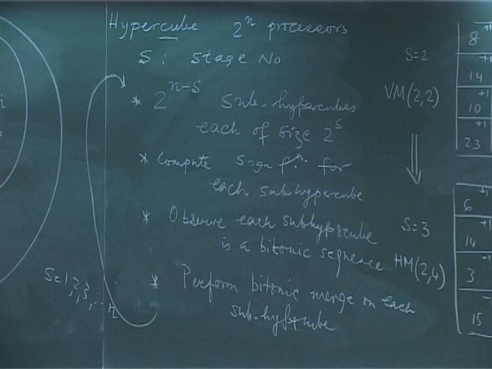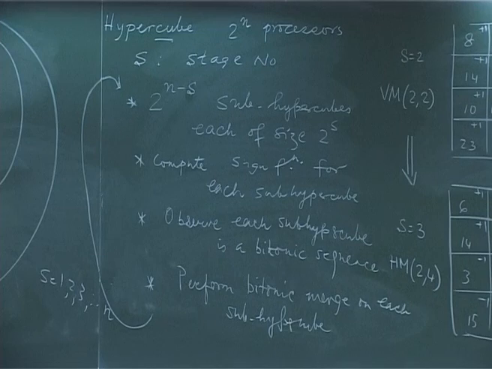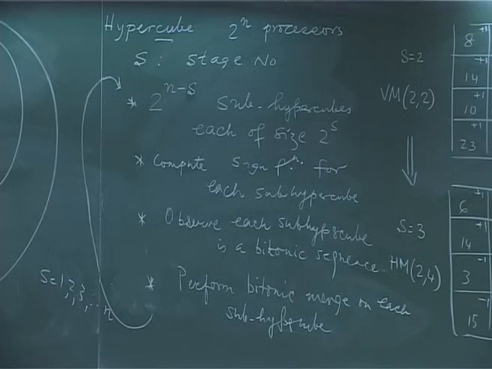Now, what is the time complexity to sort 2 to the power n elements on a hypercube of size 2 to the power n? Tell me, quick. How did you get the answer? Just random order? Not n times n.